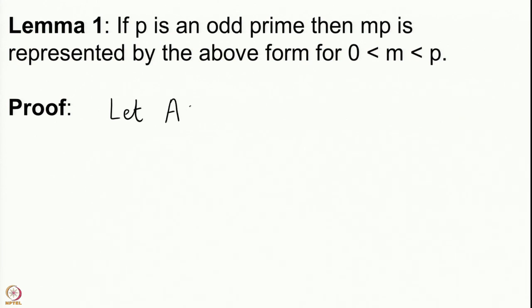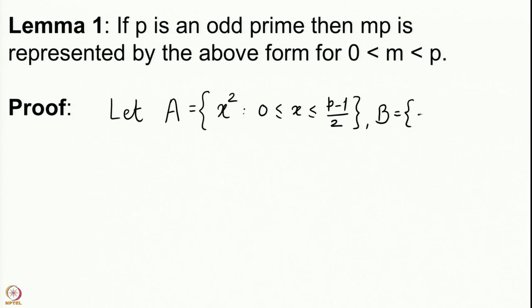We consider two sets here. Our first set is called the set A, which has numbers x square where x varies from 0 to (p minus 1)/2. Remember now that p is an odd prime, so this is a natural number.